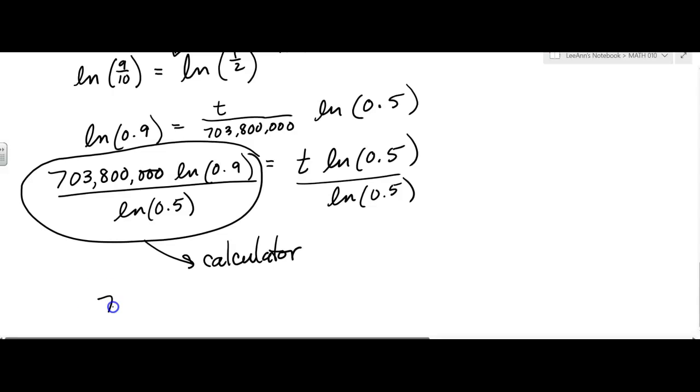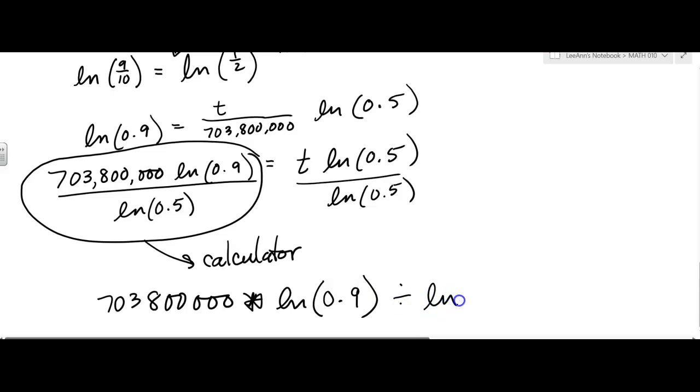I was just going to talk you through it, but I'll write it out. And then I went times natural log, and it opened a parenthesis, 0.9, and then I have to close that parenthesis. If you don't, it won't work. And then divided by the natural log of 0.5.